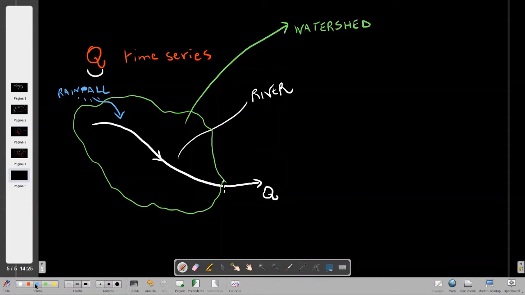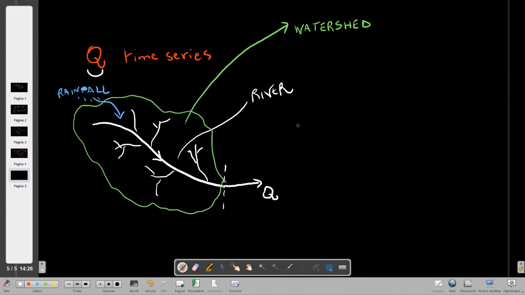Then we have the rivers, the largest ones, but also the smaller ones. So we have a series of rivers, large or small. Then if it rains, the water comes into these rivers and then flows up to this section.